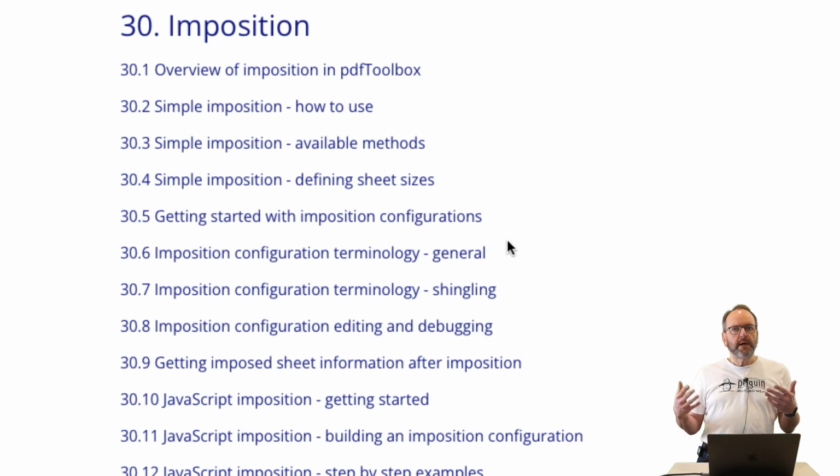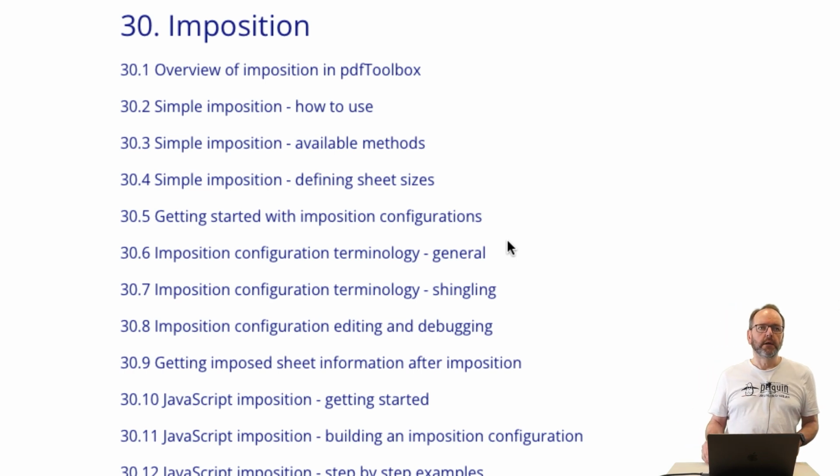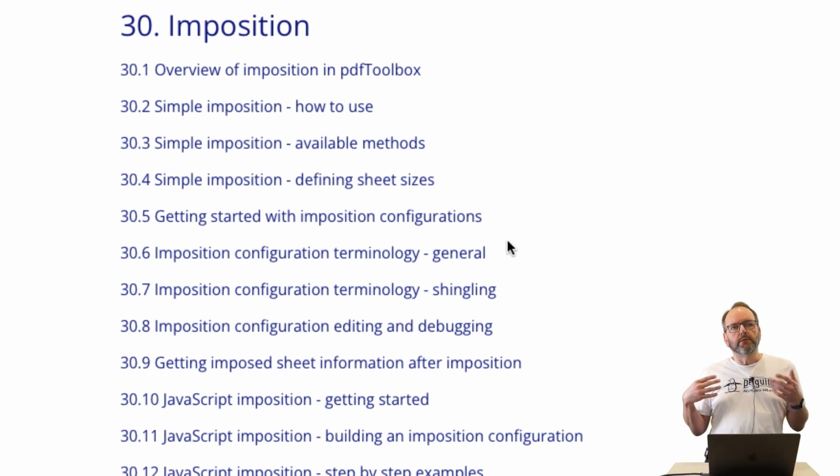The whole chapter structure has changed a little bit, and there are quite a few new articles in there as well. The reason the whole chapter was changed is because we wanted to highlight the fact that there are 3 different ways to do imposition. Simple imposition, where you don't do configurations, and then you have the old style stuff and the JavaScript stuff, so that is now better explained.